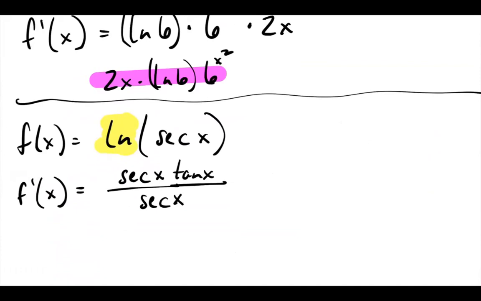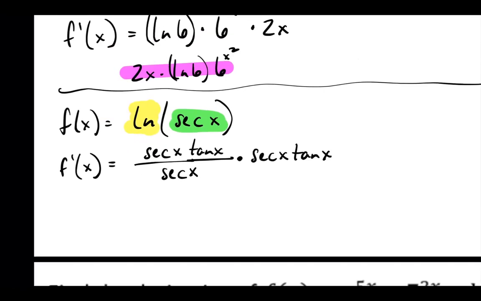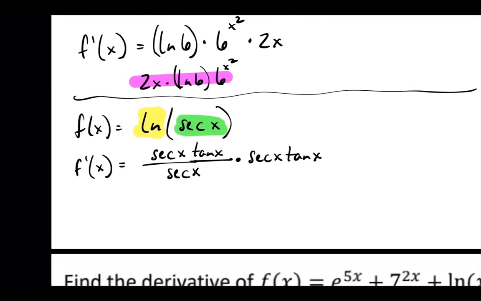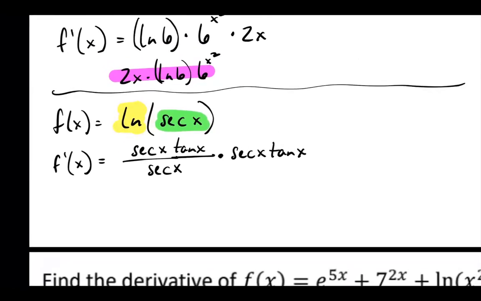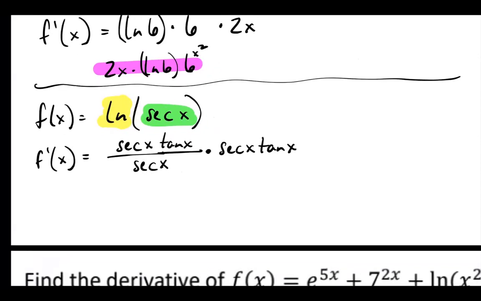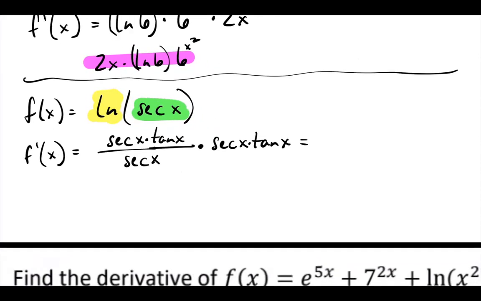Are we done? No, we just found the outside. That was the derivative of the yellow, right? So now we got to chain the derivative of the inside. The derivative of the inside is secant x. So what's the derivative of secant x? Secant x tangent x. So this is a lot of secant x tangent x on top. This is just one on bottom.